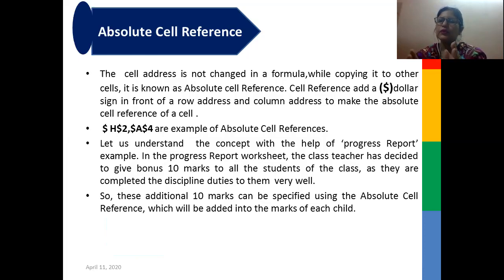Clear? In relative cell reference the value is the same, but the cell address is changed. And absolute cell reference does not change the value and does not change the cell address. Clear?